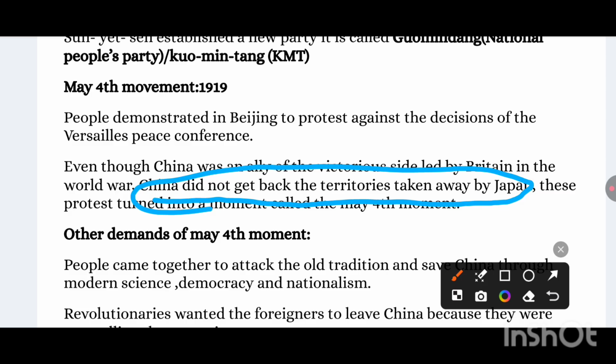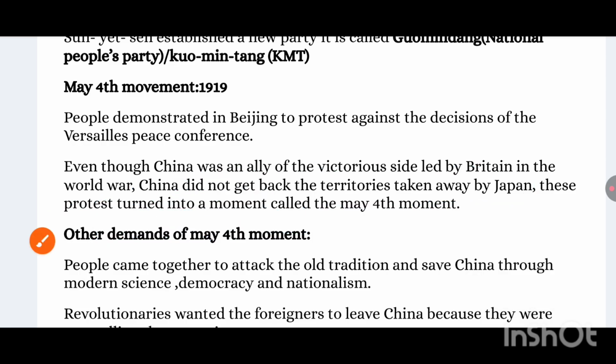These protests turned into the movement we call the May 4th movement. Why did the May 4th movement occur? Because China was on the victorious side, but Japan occupied most of the places from China.